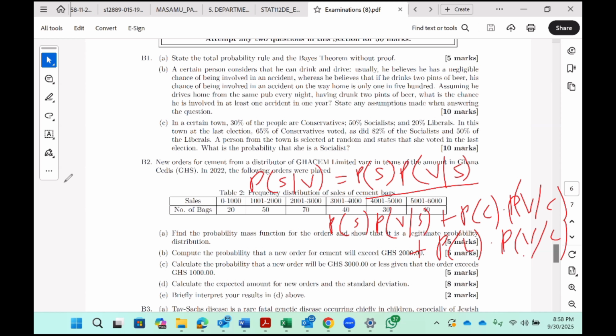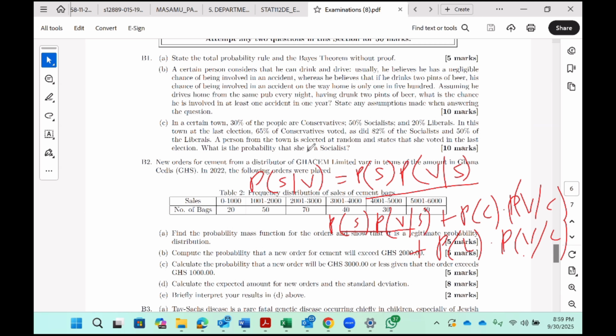The probability that she is a socialist is 0.5. The probability that he voted, given that he's a socialist, is 82%, that's 0.82. So here will be 0.82 times 0.5. The same thing I repeat for the first one, then plus for the conservative, that's 30%, 0.3.